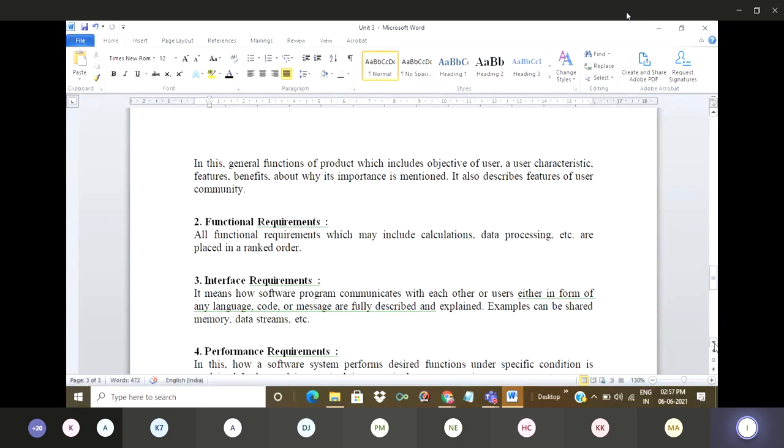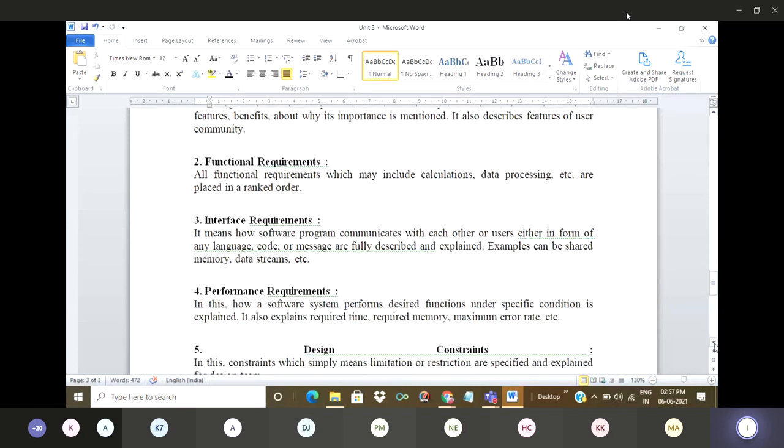It also describes the features of the user community. Second is functional requirements, which include calculation, data processing, etc., placed in a ranking order. Third is interface requirements.